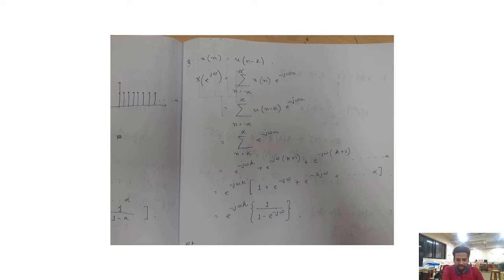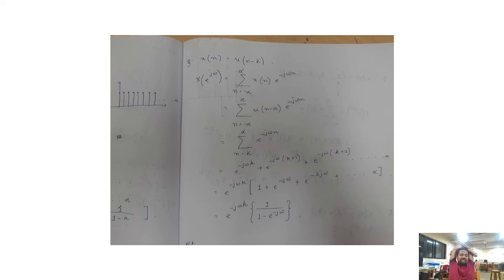Using the summation formula for an infinite series, 1 + x + x² + ... = 1/(1 − x), we write e^{-jωk} times 1/(1 − e^{-jω}).